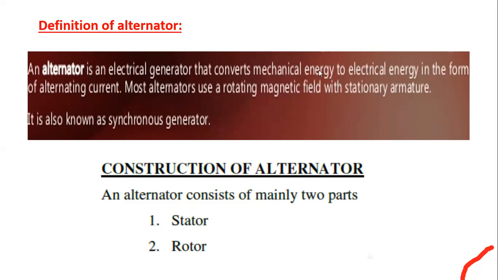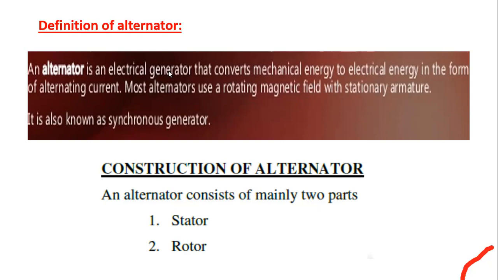On the basis of that principle, the DC generator and also the AC generator operate. The only difference between the DC and the AC generator is that in the case of an AC generator, the magnetic field is rotated and the armature is stationary.